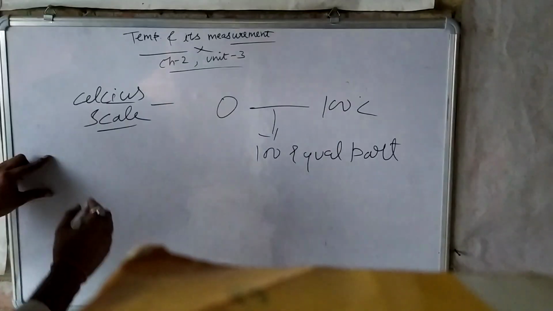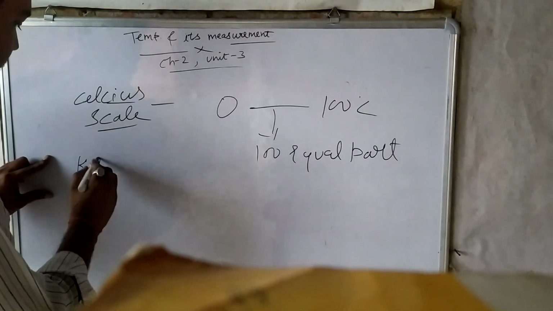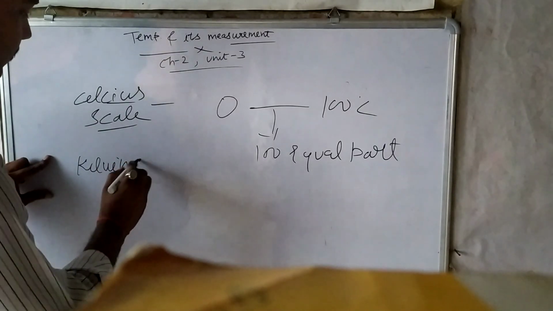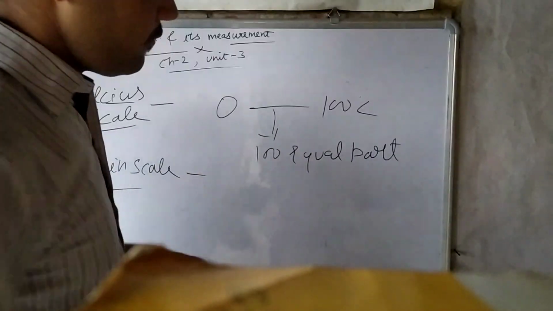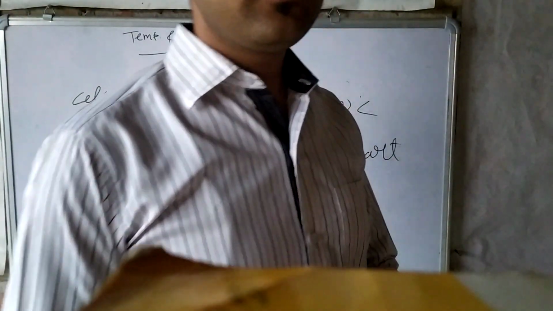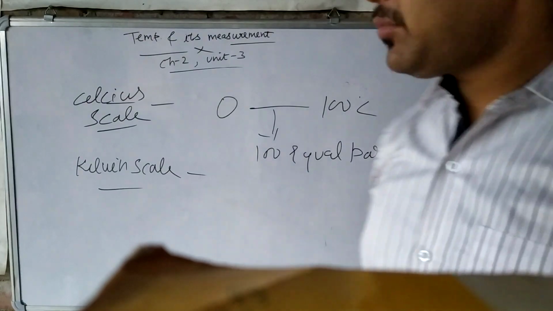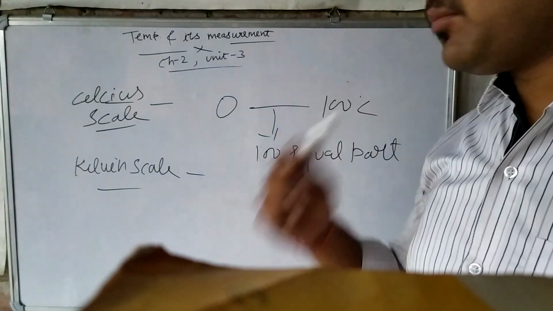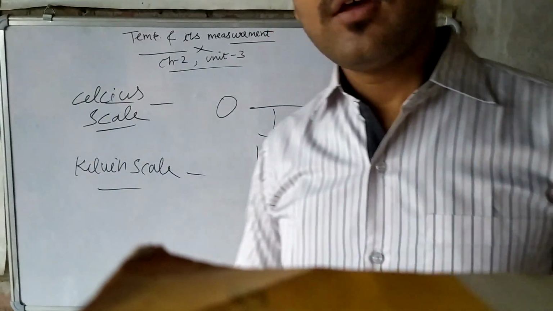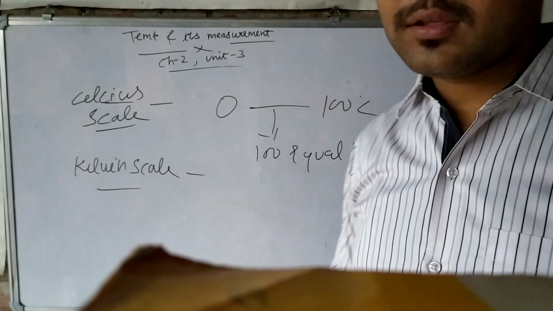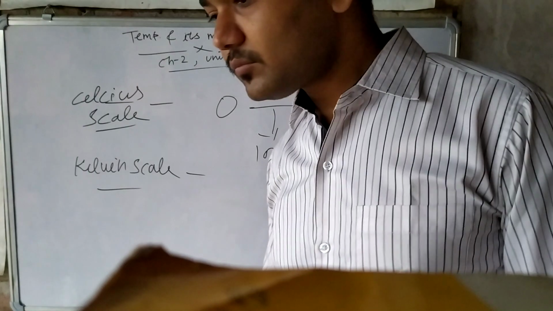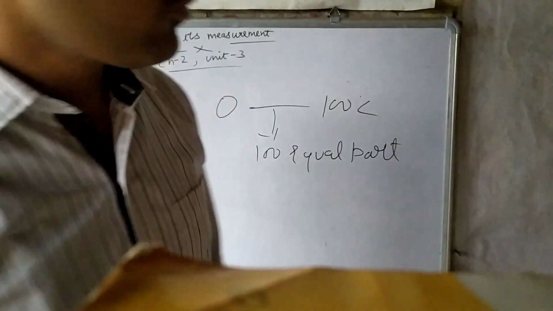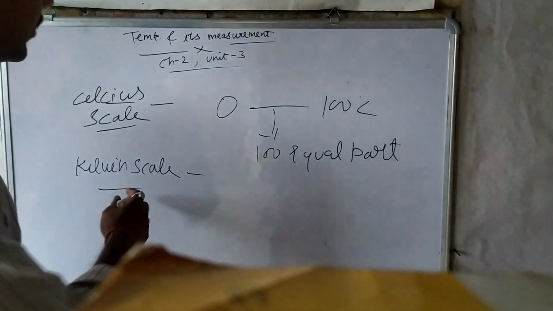Then we will have the Kelvin scale. In the Kelvin scale, the minimum temperature it is able to record is 273 Kelvin. There is a term known as absolute zero related to the Kelvin scale.